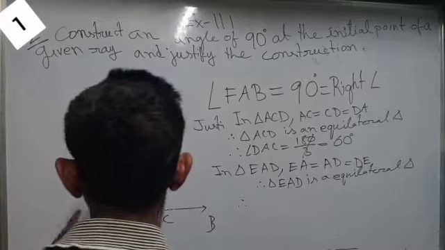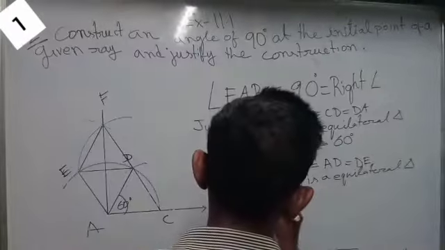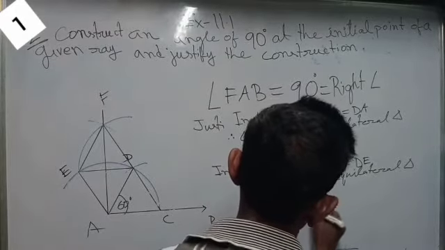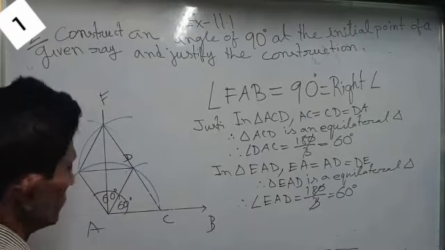Therefore, angle EAD equals 180 by 3 equals 60 degrees. That means this one is also 60 degrees.